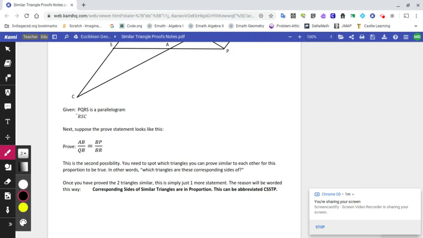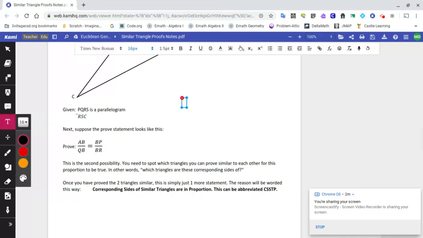Just one more statement, and the reason is going to be corresponding sides of similar triangles are in proportion, which can be abbreviated CSSTP. So it's going to look like this. Imagine I've already put in steps 1 through 4 from above. I'm not going to redo all that. This would be step 5, and we would say AB over QB equals BP over BR.